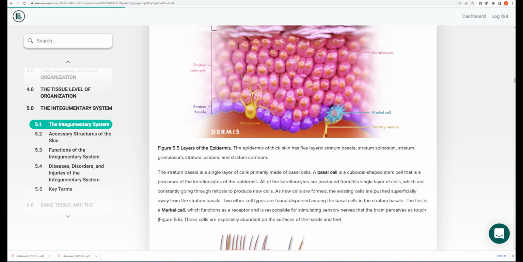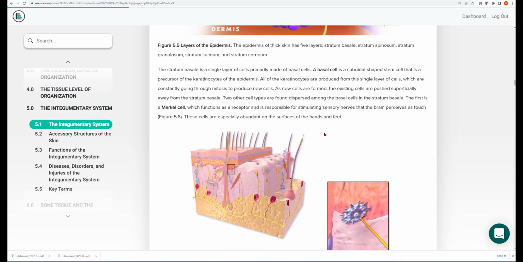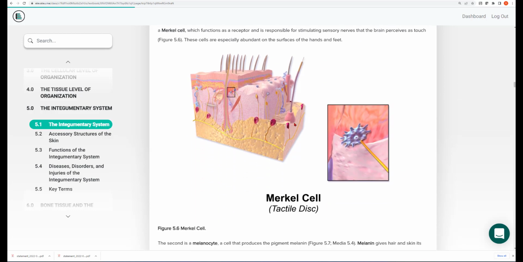We'll understand how these neurons work far more completely in a couple of weeks. So here we're just seeing this Merkel cell. These are also called tactile discs. Tactile is just a term to refer to touch. So this is a cell that can refer to touch.